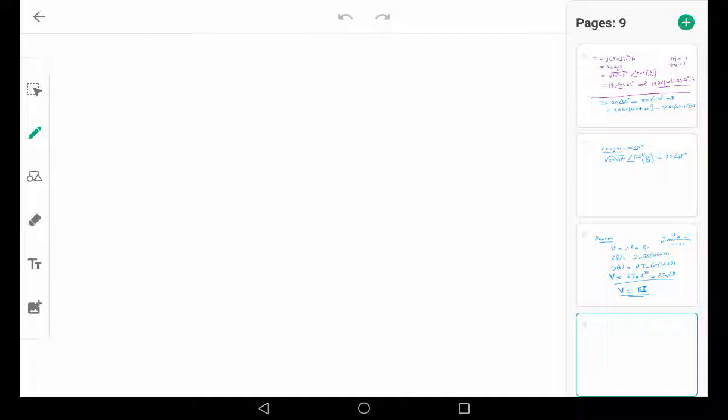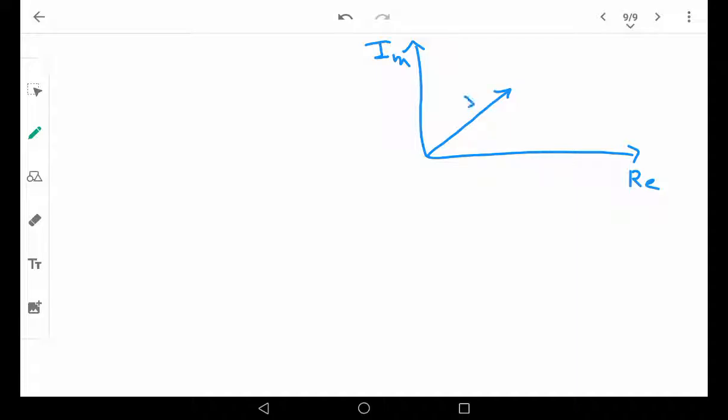For example, you can represent it in a phasor diagram, right? This is a phasor diagram, and this is the real part, and this is the imaginary part. This is the current.